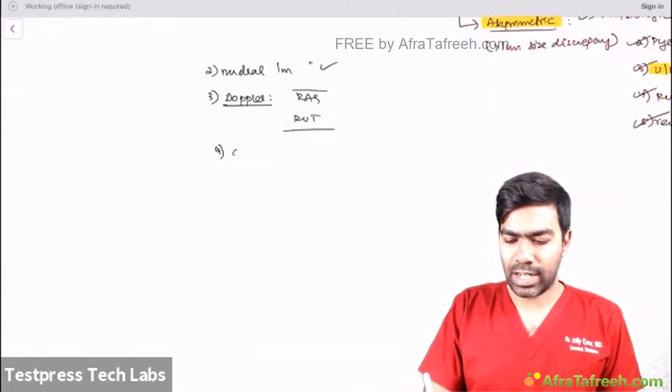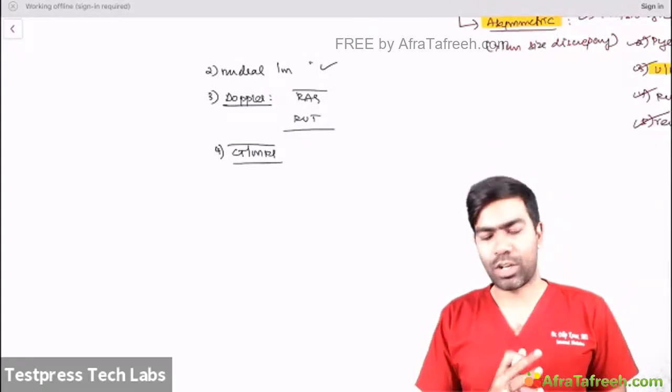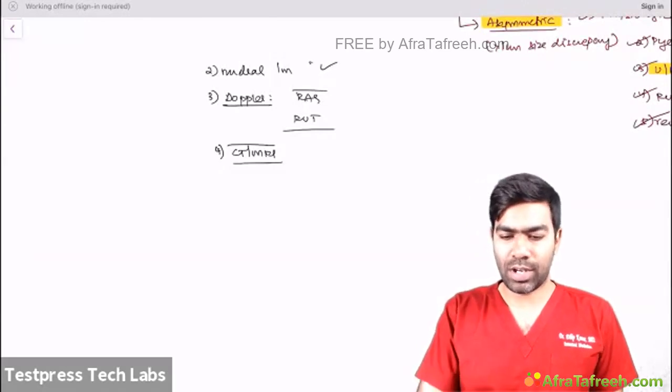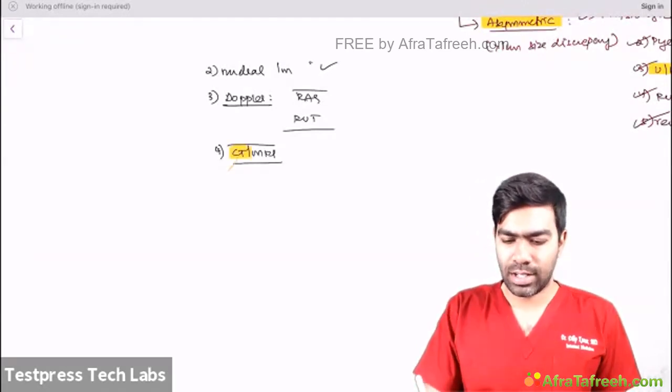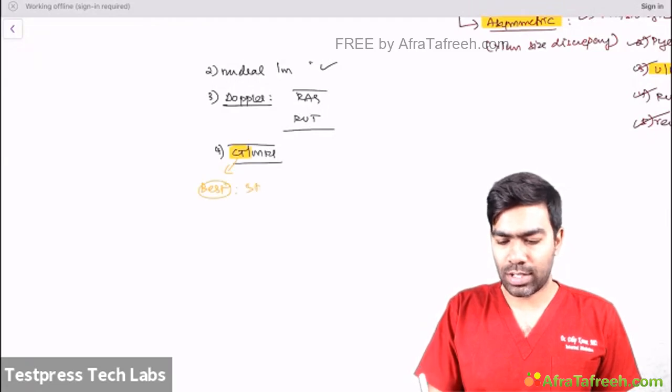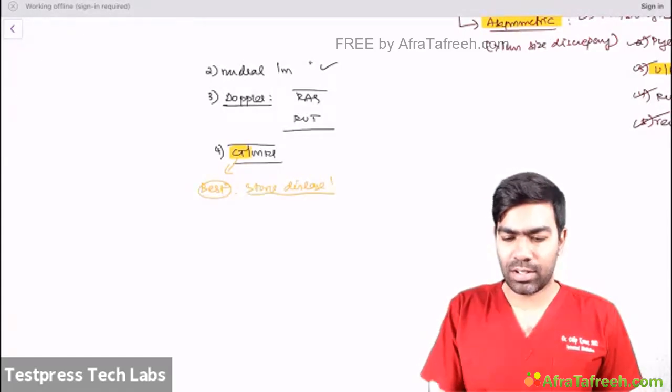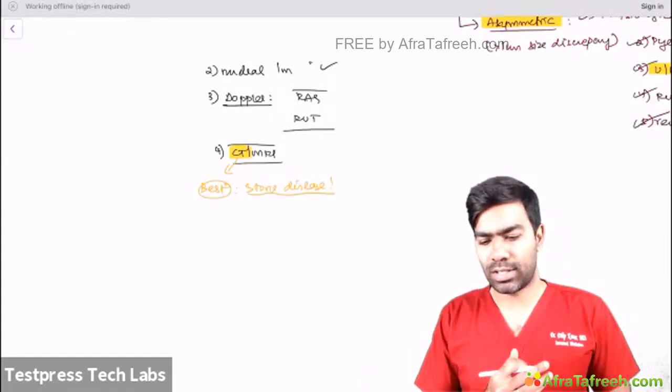And number 4, CT and MRI only in selected situations, not in all the cases, especially if you want to stage a cancer. One important point about CT: CT is the best investigation for any stone disease in the kidney or bladder or maybe anywhere. If you want to know about the stone disease, CT is the best investigation.